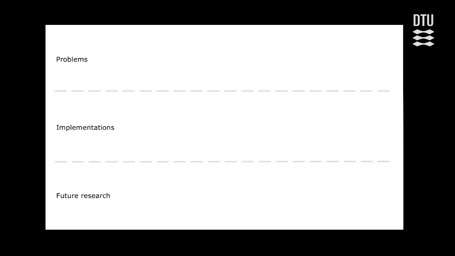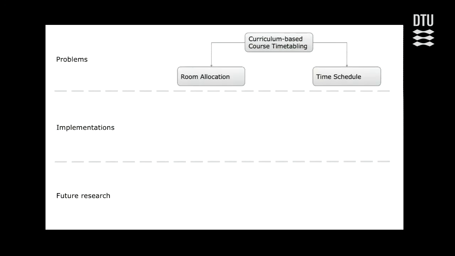So what did we talk about today? If you don't remember, we started with curriculum-based course timetabling and looked into this split of the problem into 2 sub-problems, which is very common in practice. And one article considered combining the 2 so we can guarantee that the optimal solution will be found if the solver is given enough time, but usually it cannot.